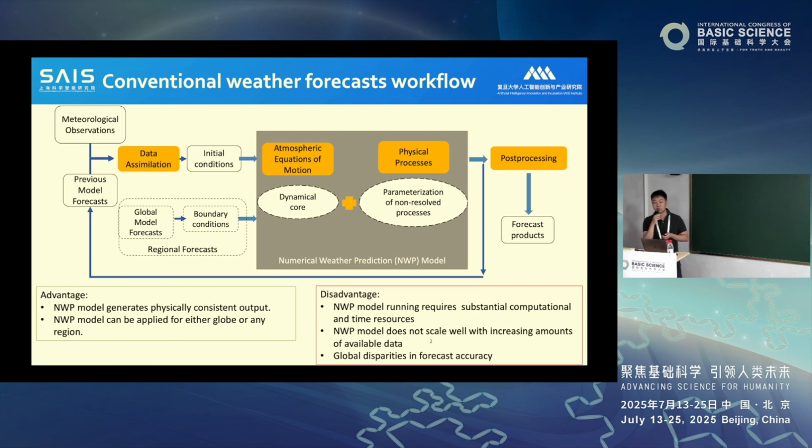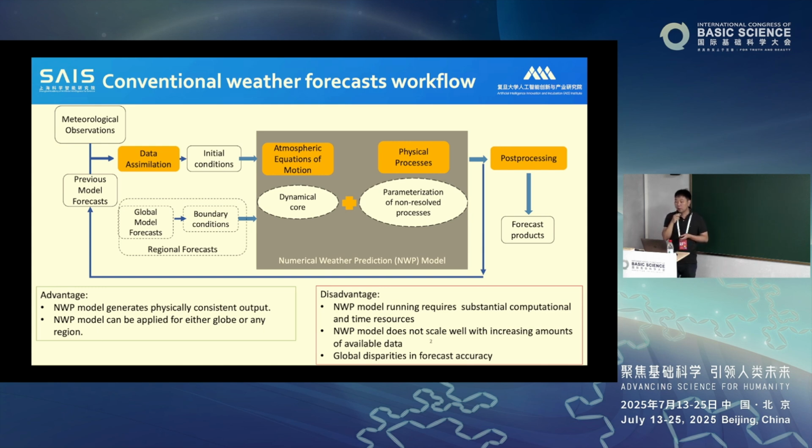But it also has several clear disadvantages. A lot of the high performance computing resources all around the world are used to run these NWP models. Each day, operationally, it takes thousands of CPU cores or even more to run an NWP model to deliver the daily forecast.